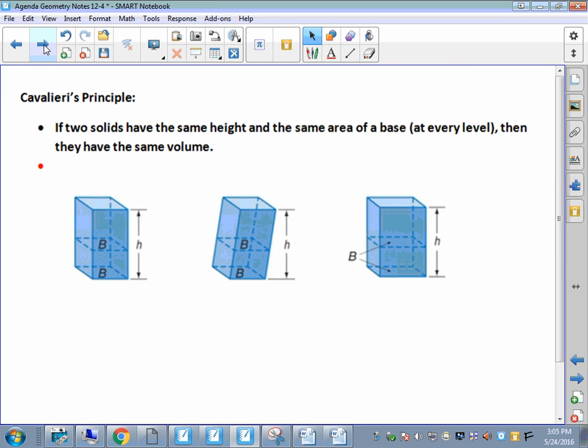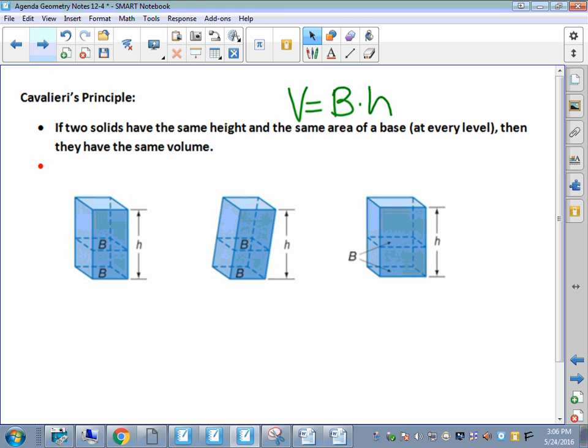Cavalieri's principle says it doesn't matter where you're looking at the area of the base, because remember our formula is volume equals area of the base times the height. If the height stays the same for any kind of solid, and the area of the base is the same no matter where we are, down on the bottom, up on the top, somewhere in the middle, then they have the same volume because we'd be multiplying the same value for the area of the base and the same value for the height.